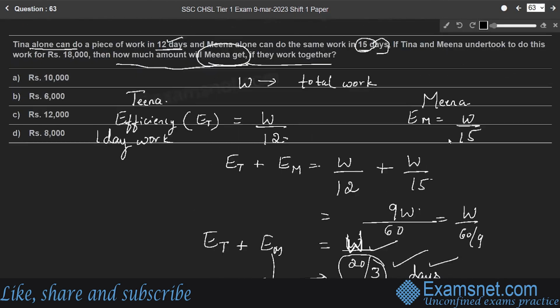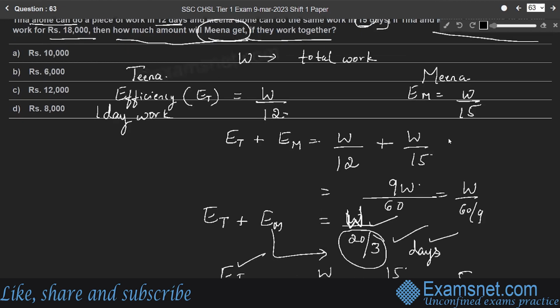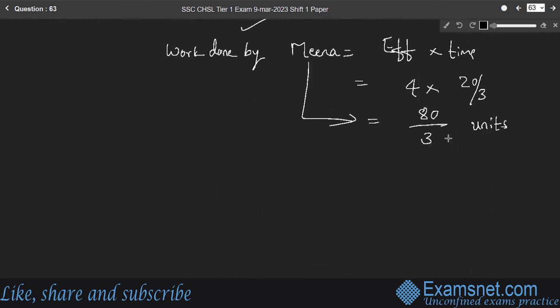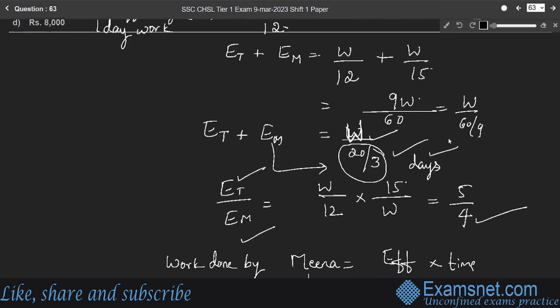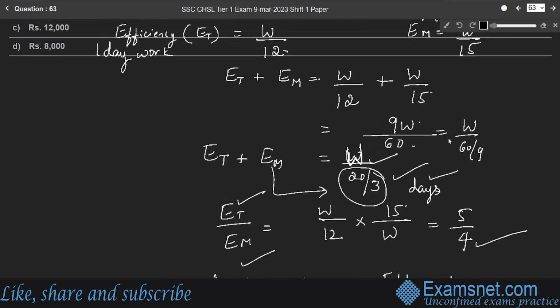It is given that they undertook to do this work for 18,000 rupees. Therefore, how much amount will Meena get? To complete 60 units of work, here total work is 60 units, right?